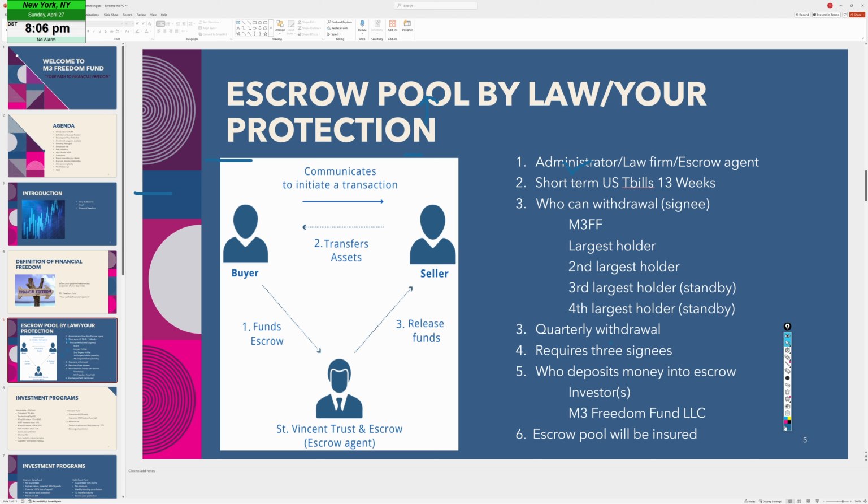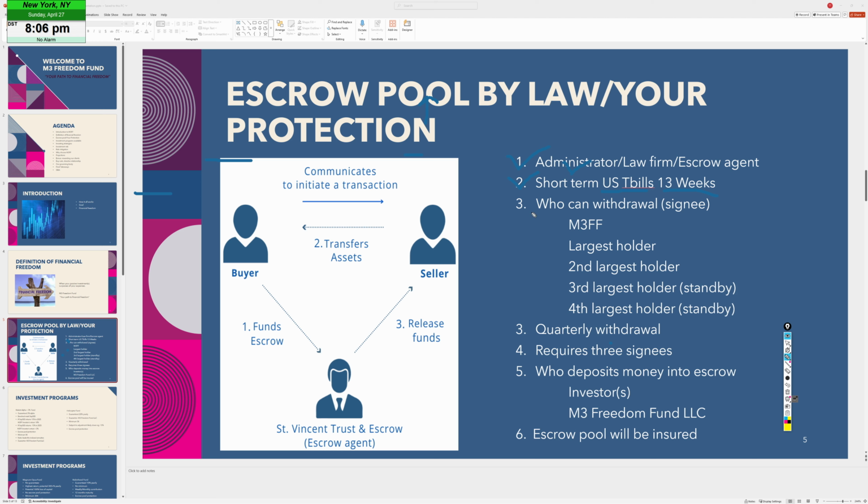That escrow, just remember that escrow. Like I mentioned, that escrow is administered by a law firm, an escrow agent. That money is deposited, and we buy a UST bill, which has a 13 weeks maturity date.